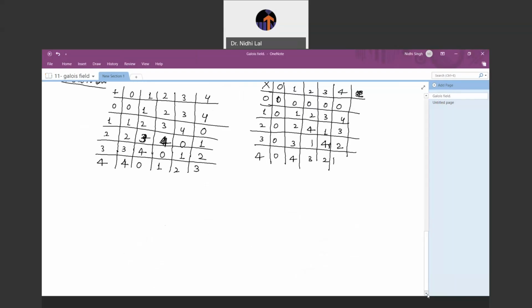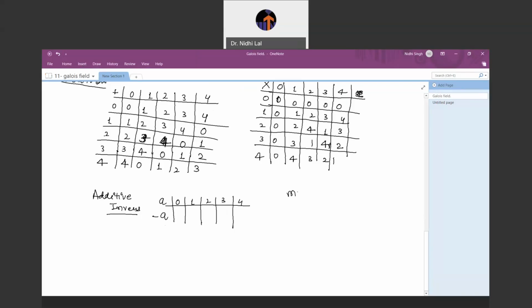You have to find the additive and the multiplicative inverses. So for the additive inverse, the table is already drawn. You have to calculate it. So the values are 0, 1, 2, 3, and 4.